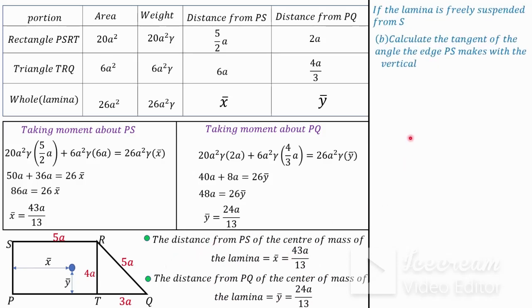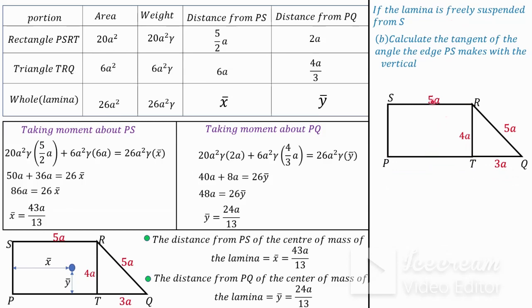The B part of question 7 says, if the lamina is freely suspended from S, calculate the tangent of the angle the HPS makes with the vertical. To do this, we first need to draw our lamina in question.